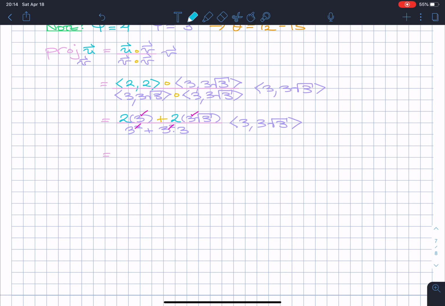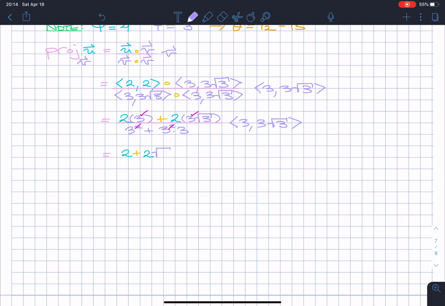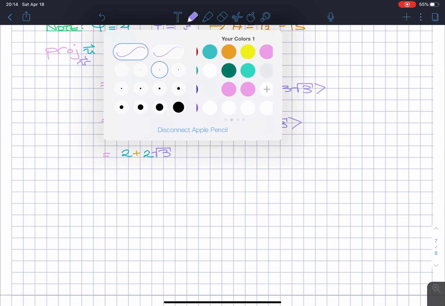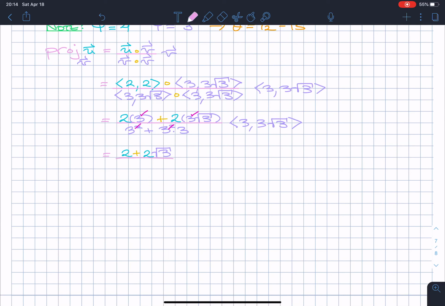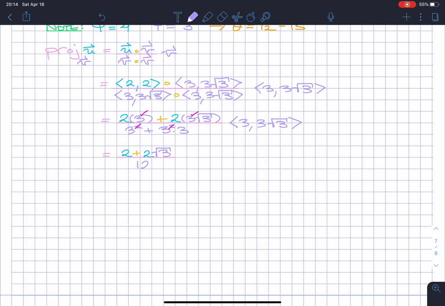I'll be left with a 2 plus 2 times the square root of 3, divided by 3 plus 9. So 3 plus 9 is 12. That's going to be 3, comma 3 root 3.